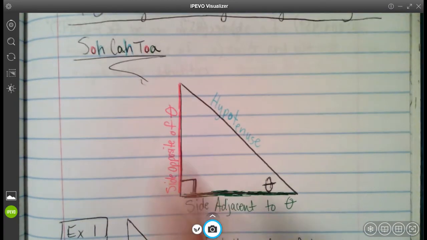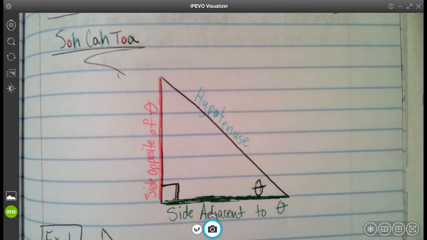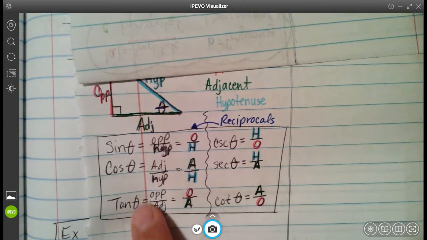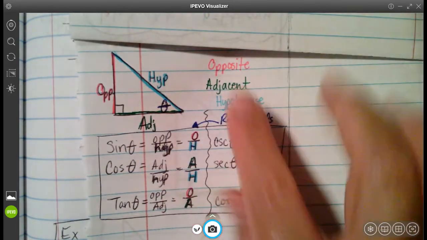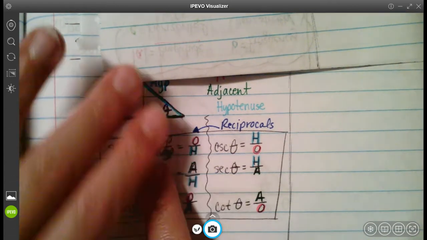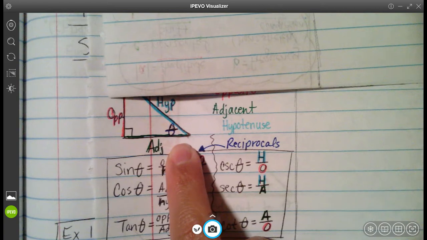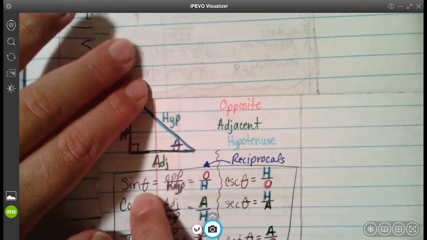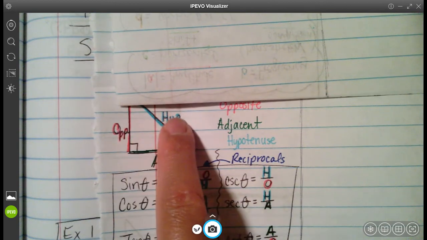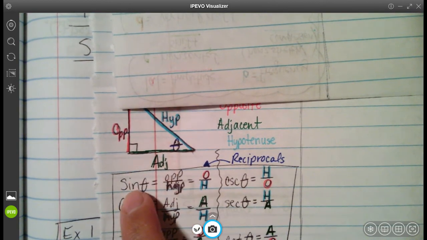The sine of this triangle is going to be opposite over hypotenuse. So relative to the angle, you would take the opposite side divided by the hypotenuse, and then go from there.